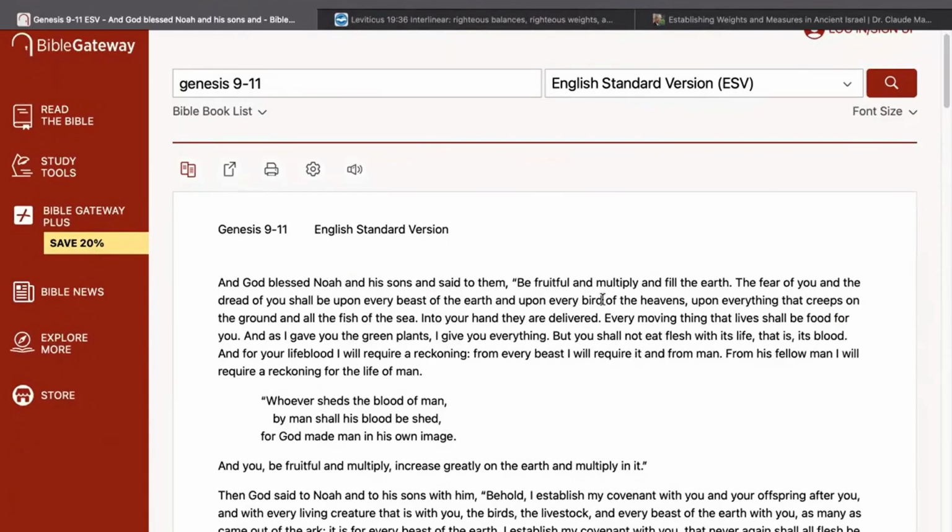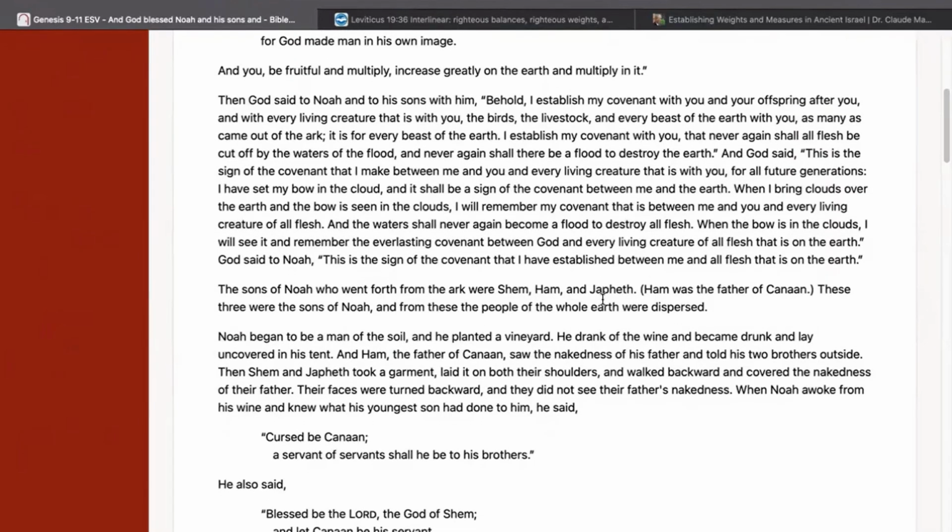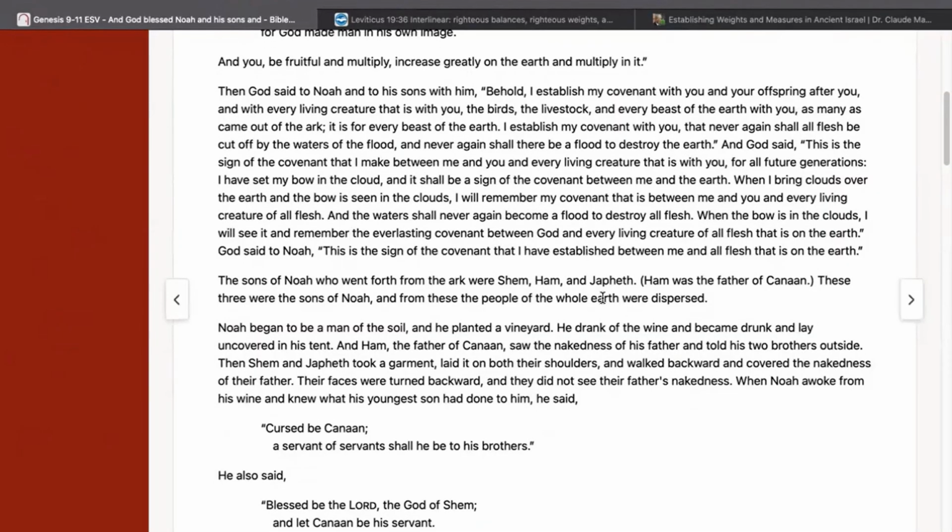Just to see after we read that how someone, whether it be a biblical scholar or the first hearers, might think, oh wait, is it Noah or Noah's wife? Noah began to be a man of the soil, and he planted a vineyard. He drank of the wine and became drunk and lay uncovered in his tent. And Ham, the father of Canaan, saw the nakedness of his father and told his two brothers outside.